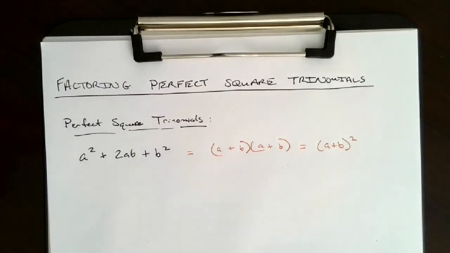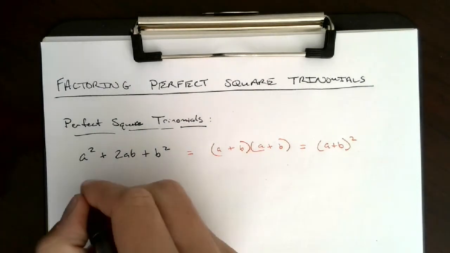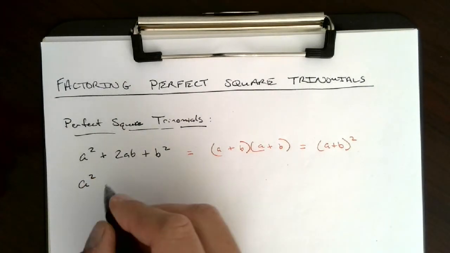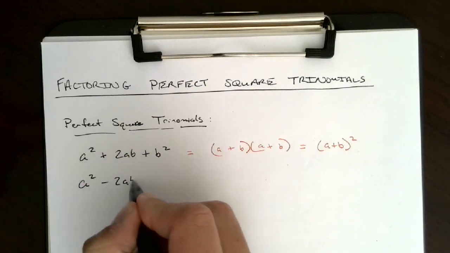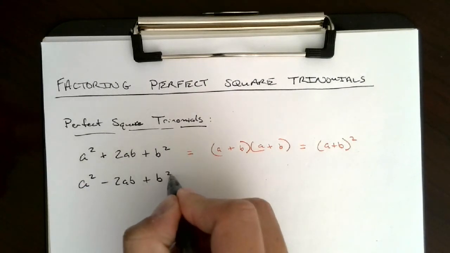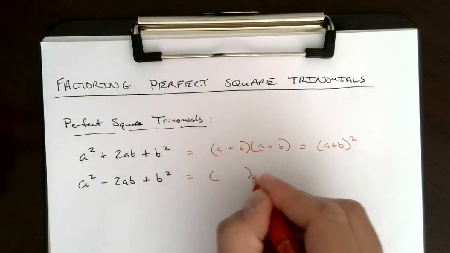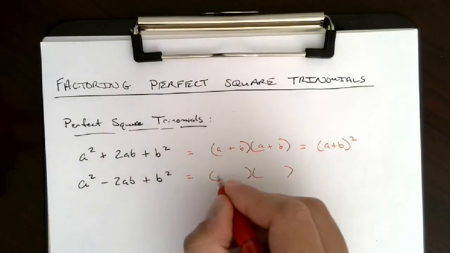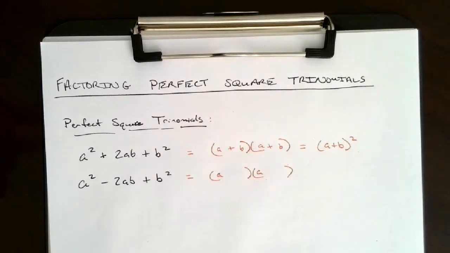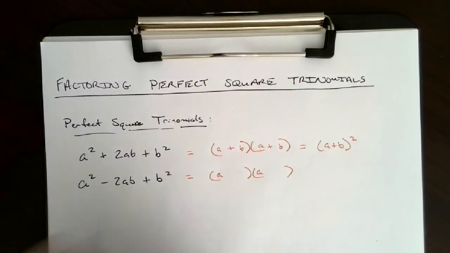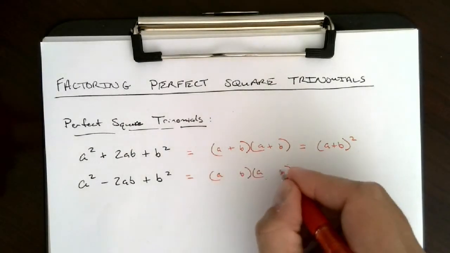In a similar fashion, you could have the same terms except with a negative for the second term. So if we had a squared minus 2ab plus b squared, this still would factor in the same way. Two sets of parentheses, a squared means we have a times a at the very beginning. B squared at the end, we would have b times b.